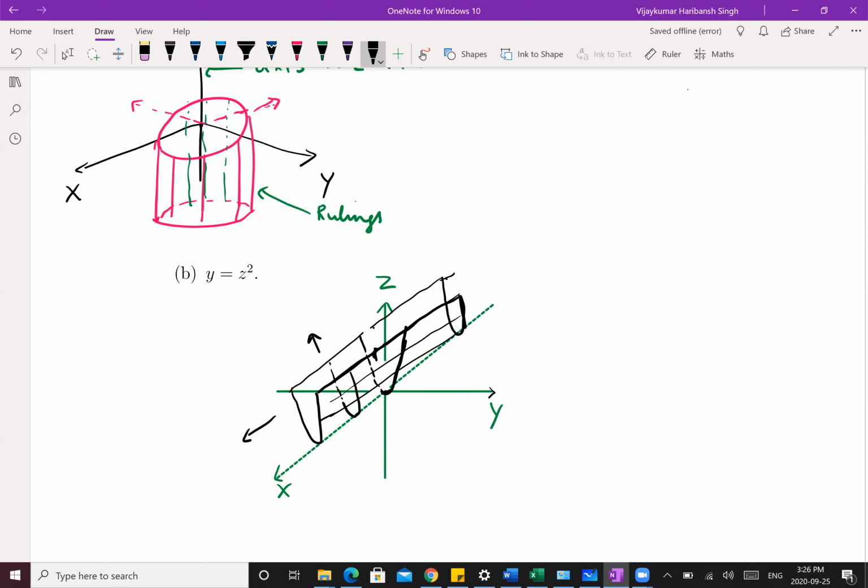So this is another example of a cylinder. These are so-called cylinders. The rulings go all the way like that, and the things in the background go like this.